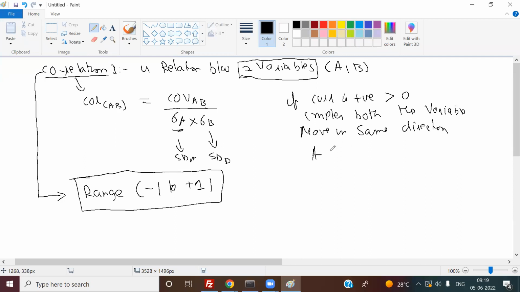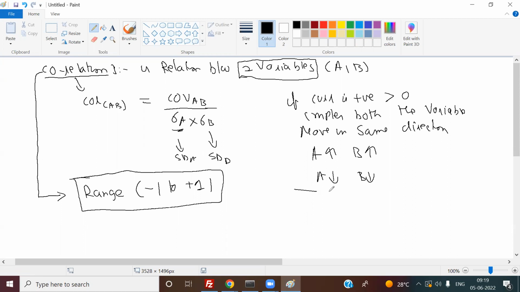It means if A is increasing, then B is also increasing. Or if A is decreasing, then B is also decreasing. दोनों साथ में बढ़ेंगे या साथ में घटेंगे. Okay, that is the positive correlation.